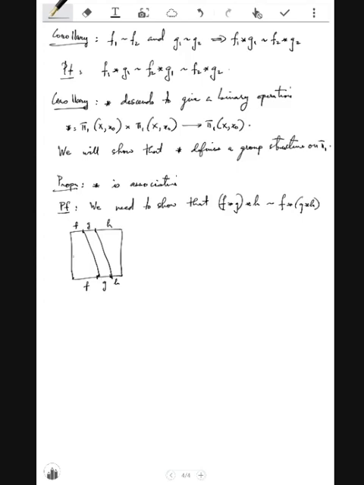So we will define a homotopy which on this line takes f over here, g between these 2 points and h between these 2 points.